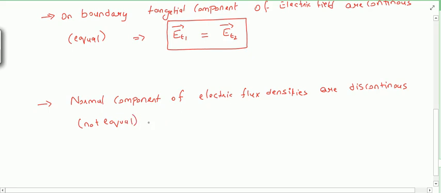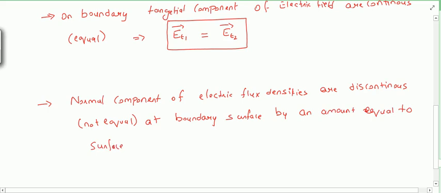The normal component of electric flux density is discontinuous at the boundary surface by an amount equal to the surface charge density present on the boundary surface. So what does this mean?